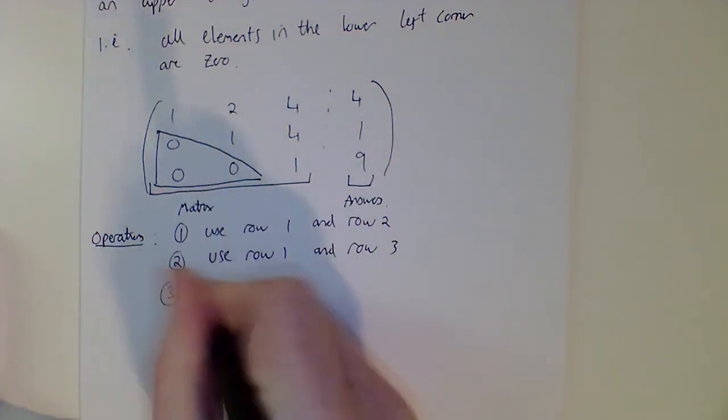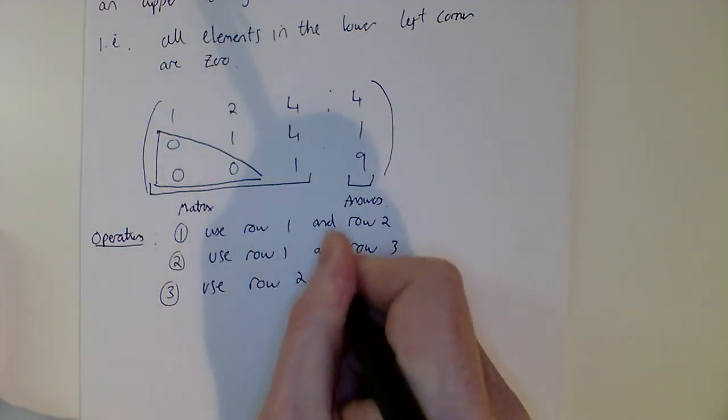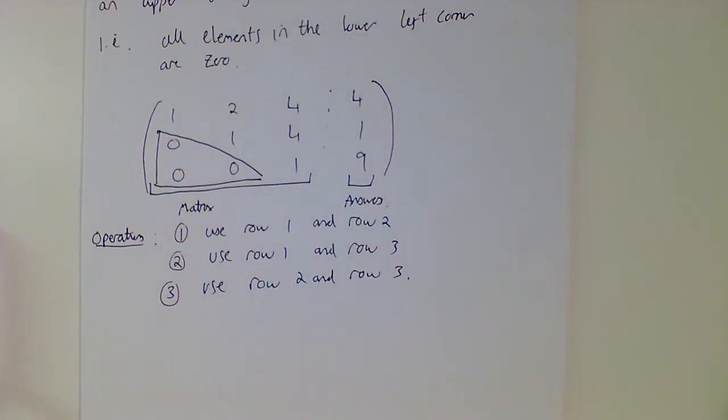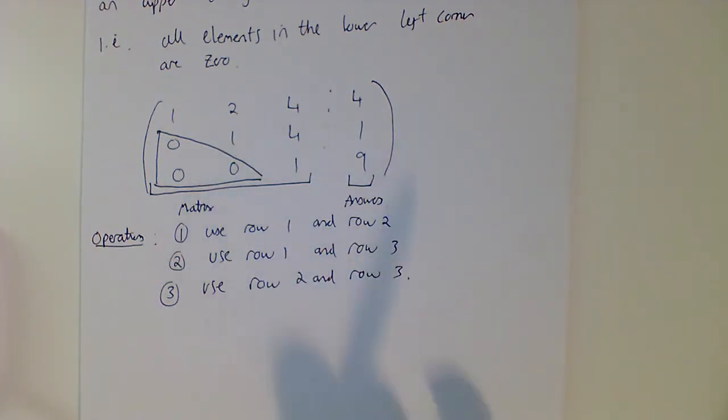And then finally you need to use row 2 and row 3. If we do it in that order, it always works. If we decide to deviate from this, it sometimes doesn't work. So row 1 and row 2, row 1 and row 3, row 2 and row 3.